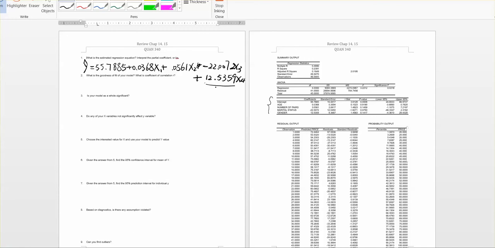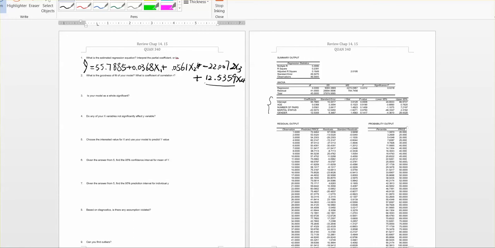It is compared to the female: males are willing to pay $12.59 more. And don't forget the last phrase: we keep the rest of the variables x1, x2, x3 constant. This is how you interpret a categorical variable.